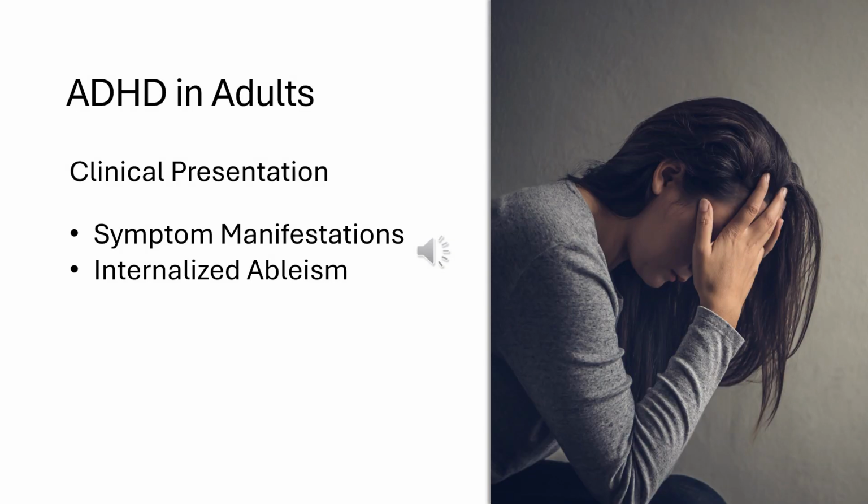Very much like teens, adults with late diagnosed ADHD come into their journeys of self-discovery with similar problems. The two main barriers for adults in being identified and being diagnosed have to do with their symptom manifestations and internalized ableism. How symptoms manifest for adults will be very different than symptom manifestations for children and adolescents.